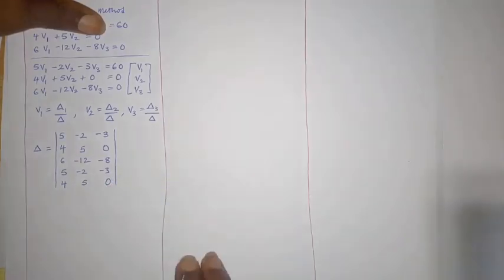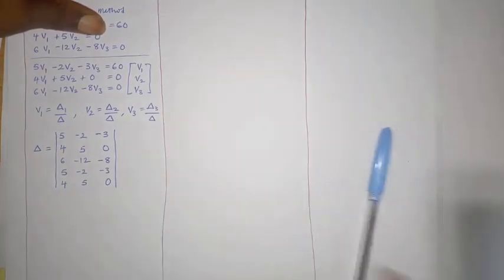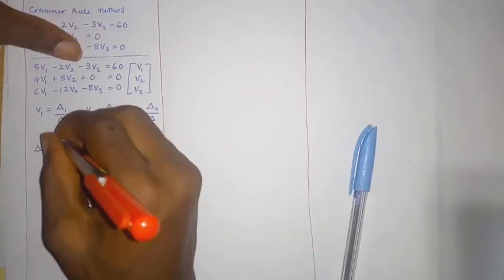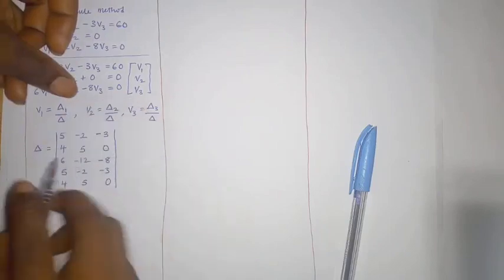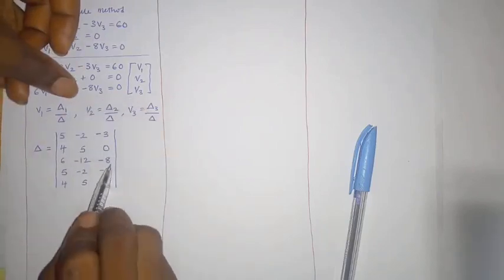Then 0. What am I going to do? You will now use arrow. This arrow will start from this edge, this 5, touch this one, touch this one.